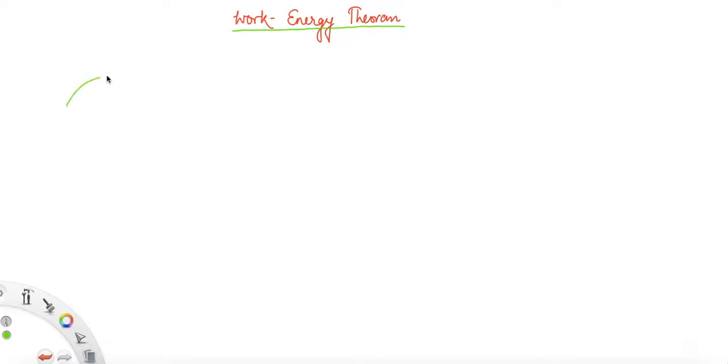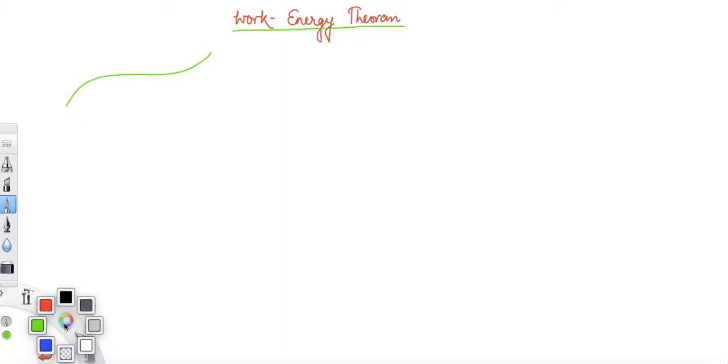Let's say this is an arbitrary curvilinear trajectory and a particle is traveling with initial velocity v1 and the final velocity is v2, from the initial point 1 to the final point 2.